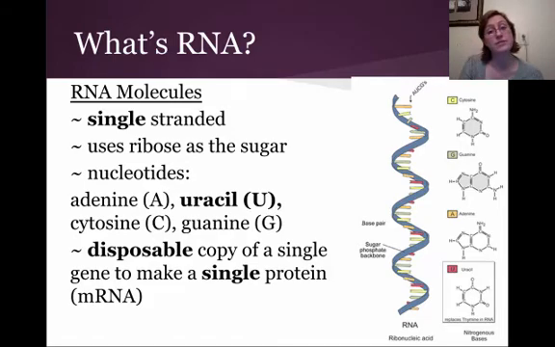So sometimes you just have to say, this is what we have discovered. There's no explanation behind it. And this RNA molecule, just like our recipe card, it's a disposable copy of a single gene in order to make a single protein. All right, and that is the role of mRNA, and we'll talk about mRNA in a second.